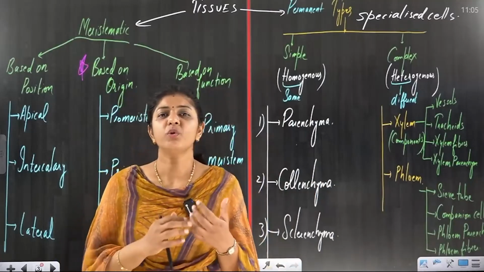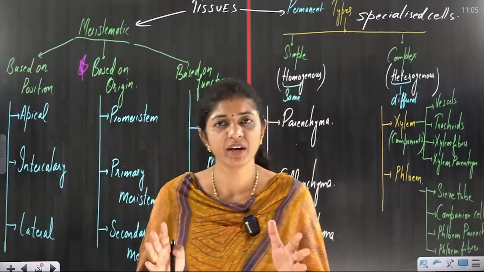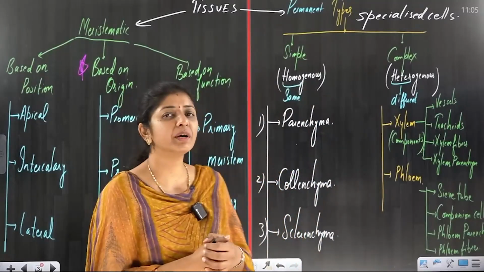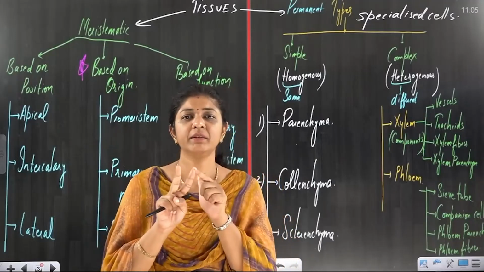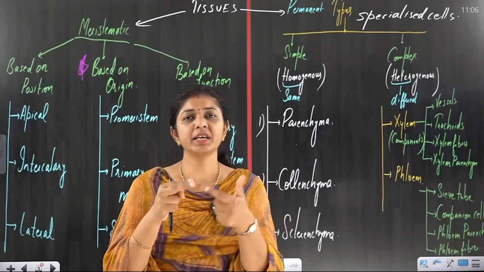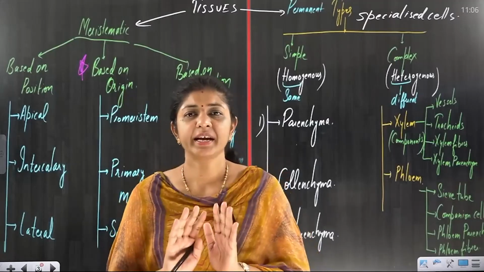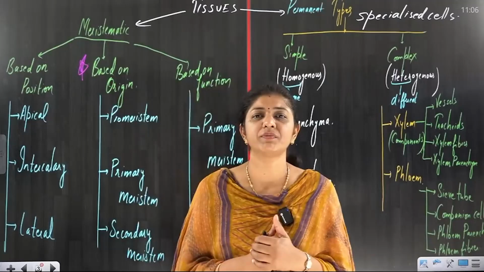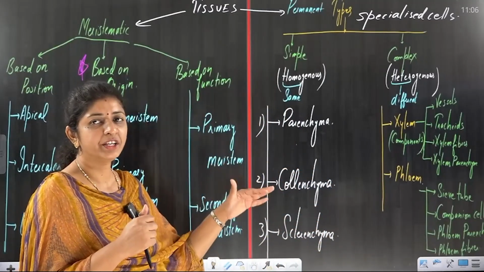They are no more dividing, usually they are not dividing, and that group of cells you call permanent cells. So two headings are clear: meristematic means keep on dividing, permanent means they are now permanently assigned some work and no longer dividing. Those cells constituting the tissue are called permanent cells.